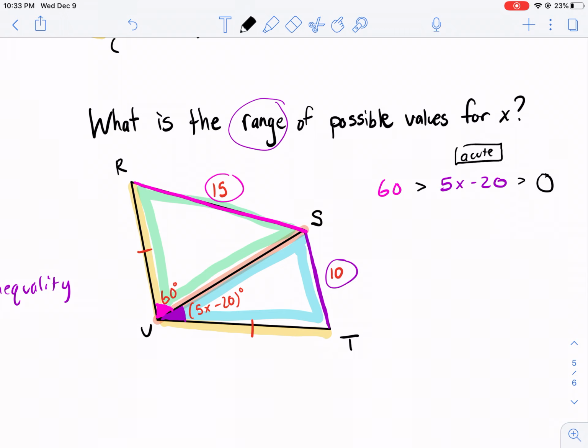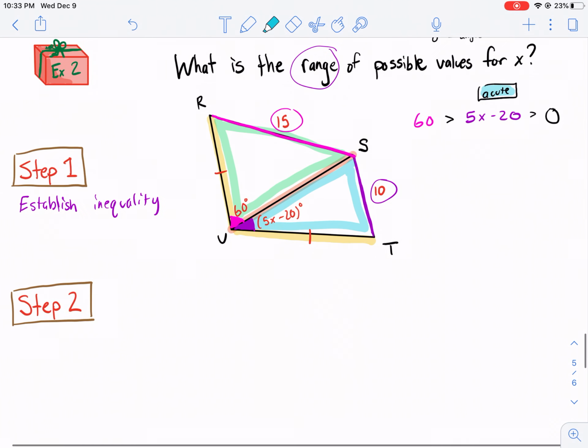For obtuse angles, you have to have an angle that is less than 180 and also bigger than 0. Since this was already less than 60, we were good on this end because it's an acute angle. But if you have a big angle that's obtuse, it has to be less than 180. This is just something to keep in mind. Let me highlight it because it's important. Highlight means important, in case you didn't know.